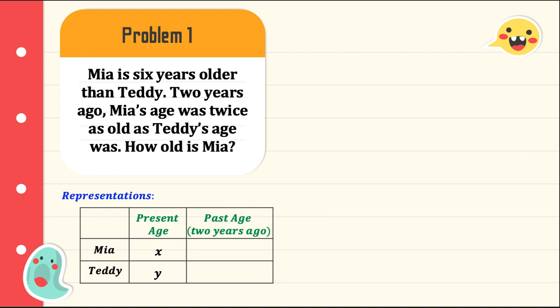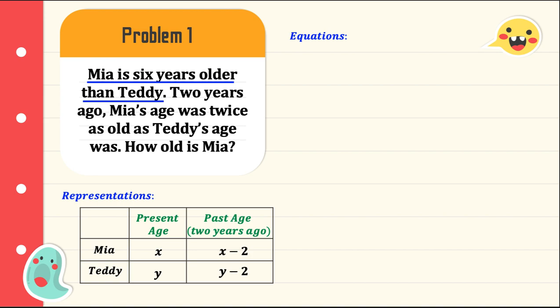Next, for the past age, past age will be represented using subtraction. So we're going to subtract 2 from the present age of Mia and Teddy. So it will be represented as x minus 2 and y minus 2. Then we are ready to make equations. Your first equation should come from the first sentence, which is Mia is 6 years older than Teddy, and that pertains to the present age.